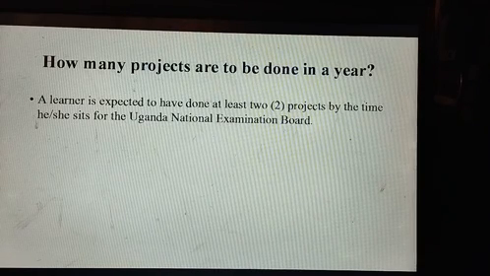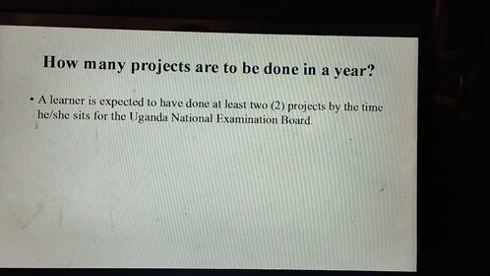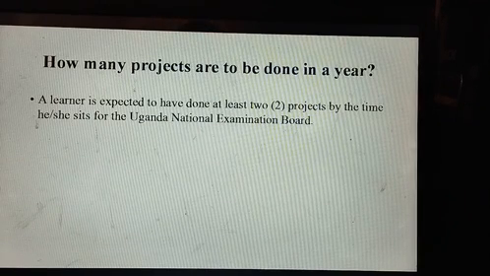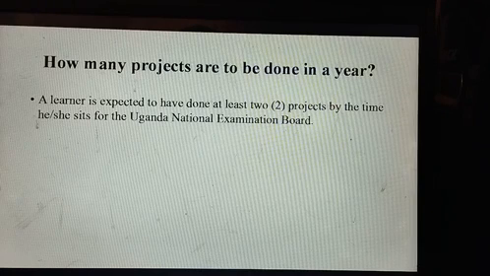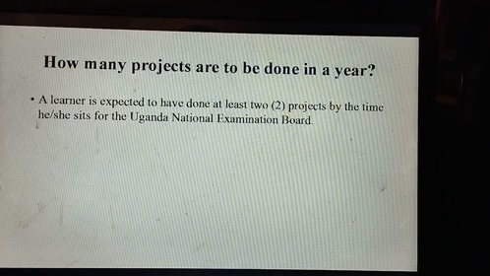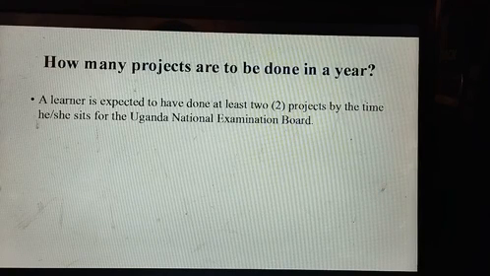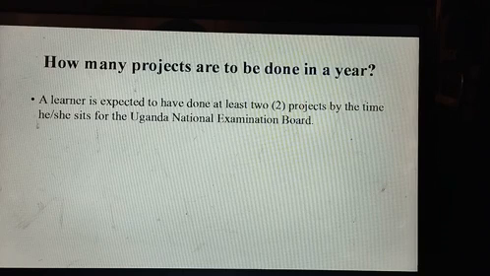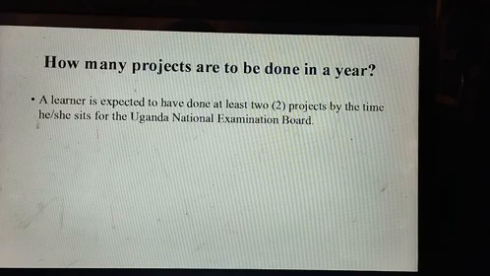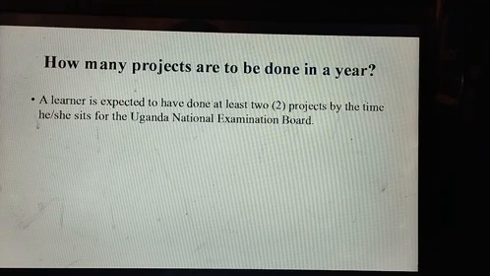If you do some mathematics there, 9 times 2 is 18, because the learner takes those 9 from senior 3 to senior 4. Then remember, the learner began with 12, so on the 9 we add the other 3 to make it 12 subjects. So that will be what?